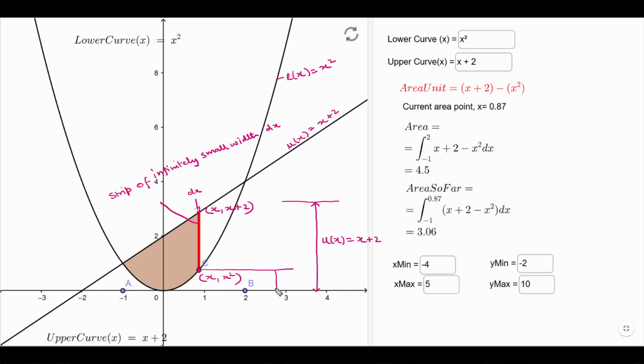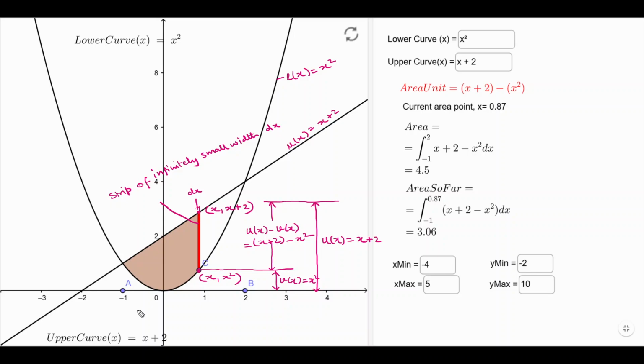The lower part of this strip will be v of x, that is x squared. Therefore, the height between will be the upper function minus the lower function, that will be equal to x plus 2 minus x squared.